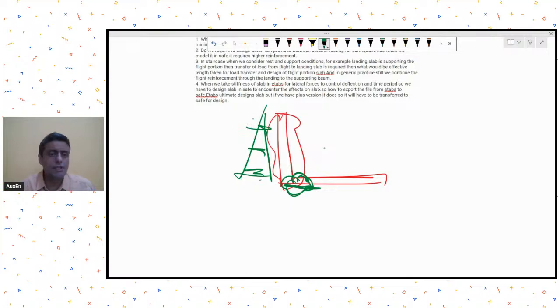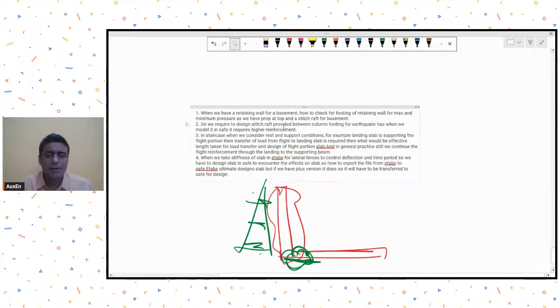So the process of checking pressures remains the same. I don't understand how it will be different from any other case that we come across. So I'm not very sure what he's trying to ask. Do we require to design a stitch raft? I have also not understood what is the meaning of stitch raft.